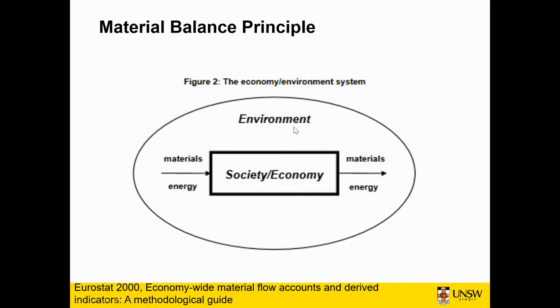They require extraction of materials and harnessing energy from some source. We'll do a lot of things with that, and this will go out to the environment again at some stage. Here it looks very simple, one input, one output, but in truth, we have so many inputs and so many outputs.